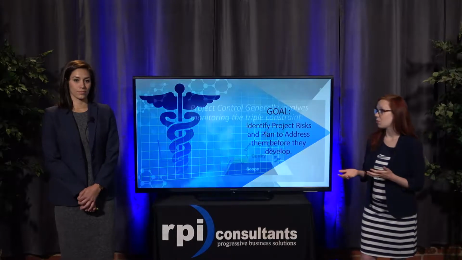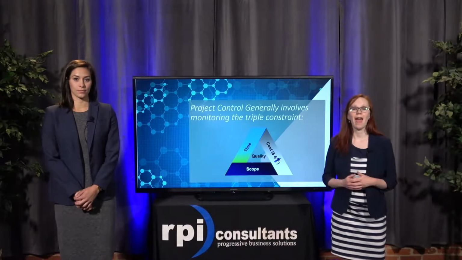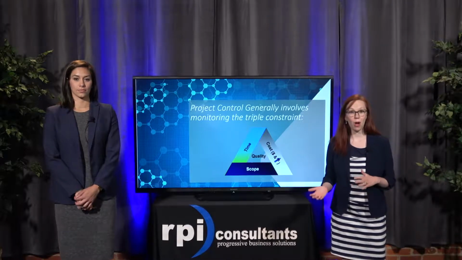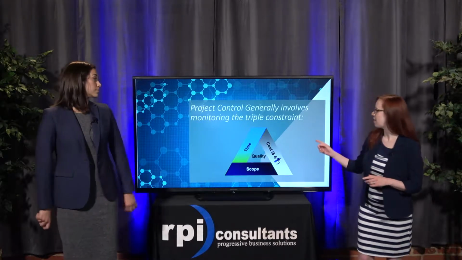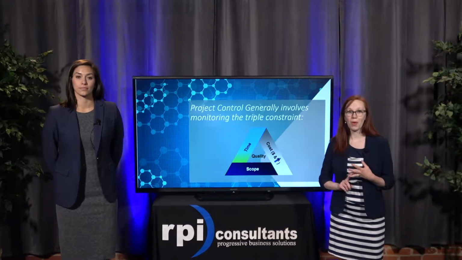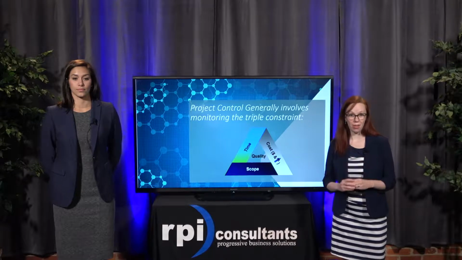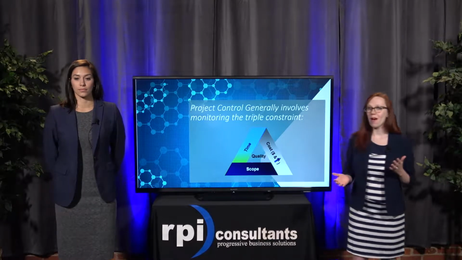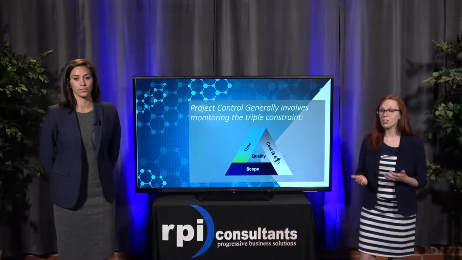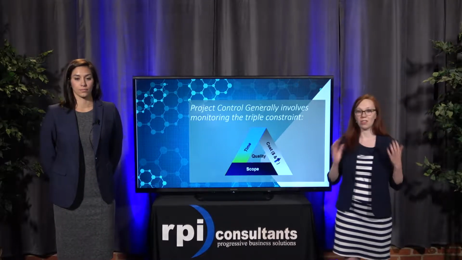So typically, when we talk about managing a project and you're looking at monitoring and controlling project progress, you tend to focus on this triple constraint, which is time, cost, and scope, balancing those three to get optimum project quality. But we all know, working on projects, that there's more to a successful project than just on time, under budget, and within the scope.